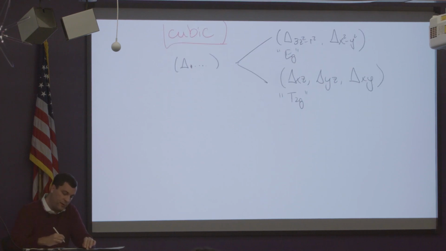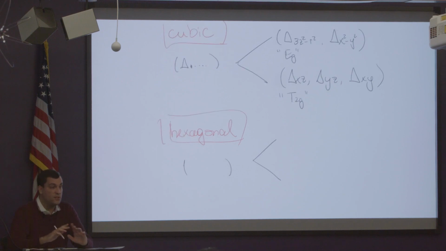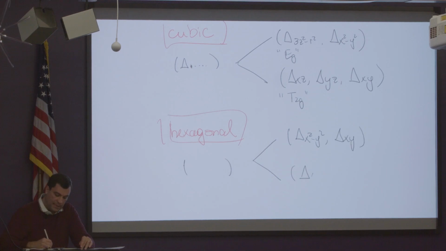If you do now for a hexagonal system, which is what we're going to focus on later, the splitting of these 5 components is that one of them transforms trivially, so it's not actually a D-wave formally, but you also get 2 components. One is dx squared minus y squared, dxy, and the other one is xz, yz.